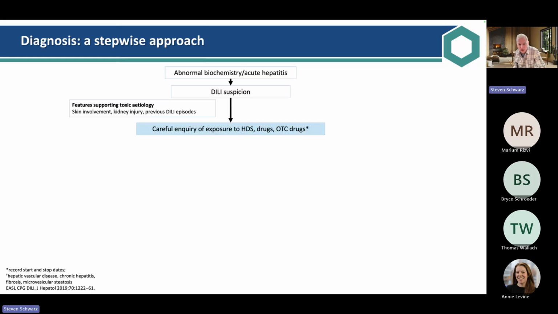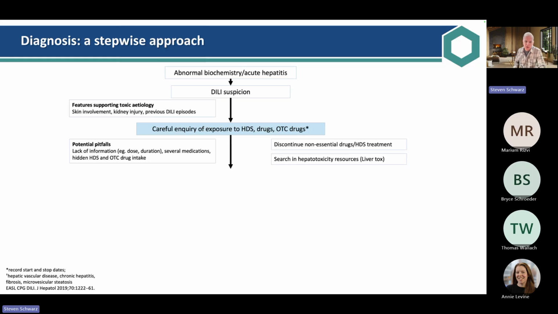We want to have a careful inquiry for the exposure to herbal and dietary supplements, prescription and non-prescription drugs. Of course, if we have a lack of information, that's problematic. But in all cases when DILI might be suspected, you want to discontinue all non-essential drugs.